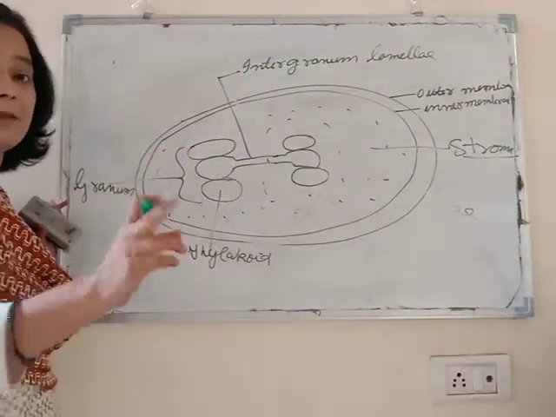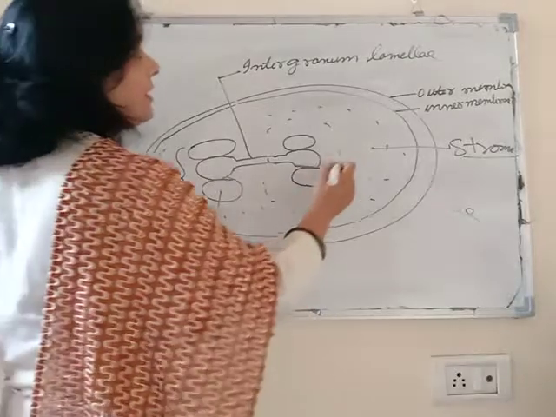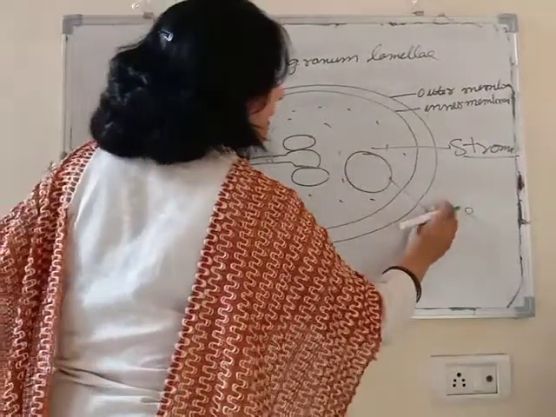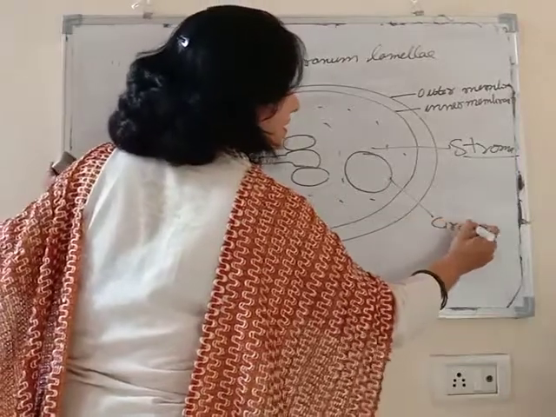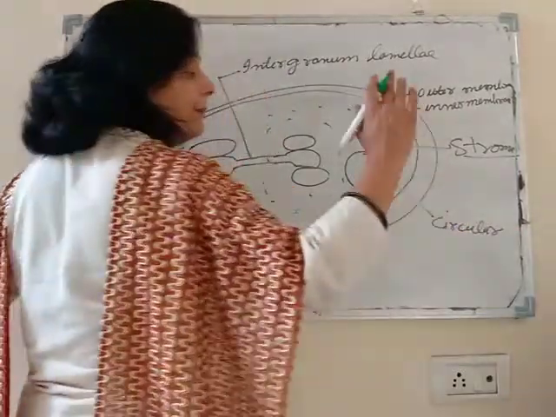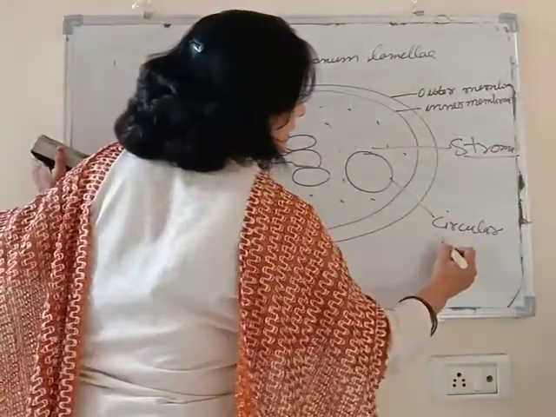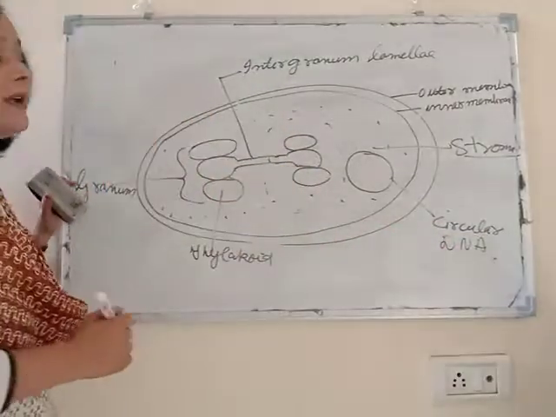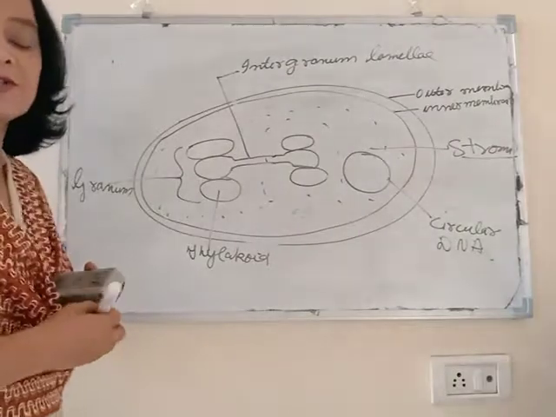Now, please remember, chloroplast is also unique because it has its own circular DNA and is able to replicate itself. It is able to make its own DNA and its own protein. So this is also called a semi-autonomous structure.